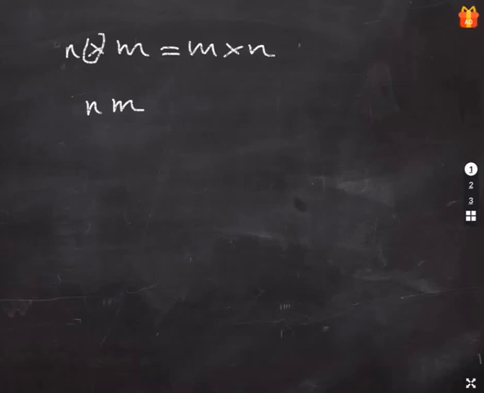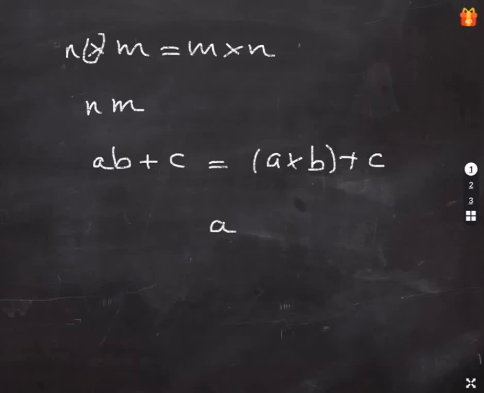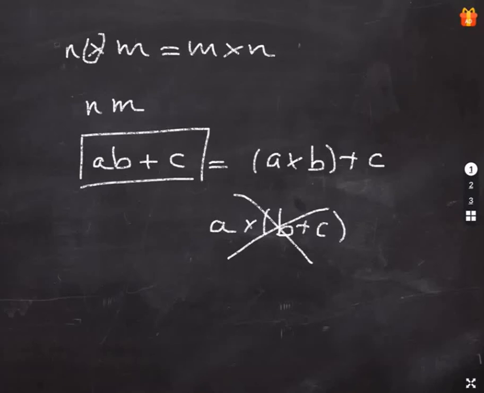But you should get used to just interpreting nm as n times m, the same way that ab plus c is going to be written like this, and I will be meaning, of course, (a times b) plus c, and not a times (b plus c). This is wrong. This is a way of writing the thing that we have here.